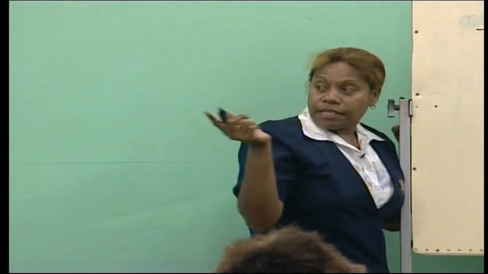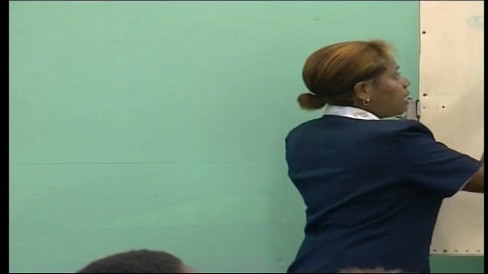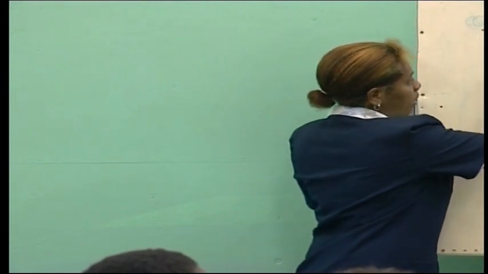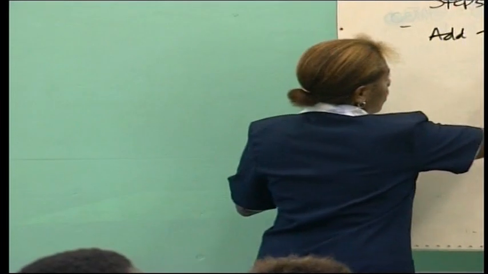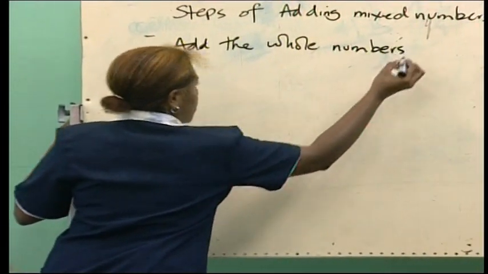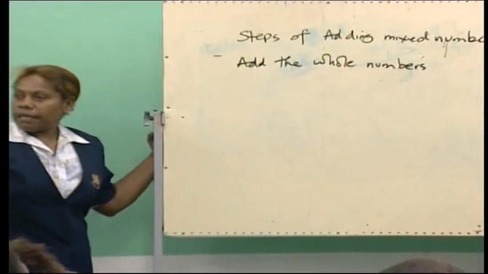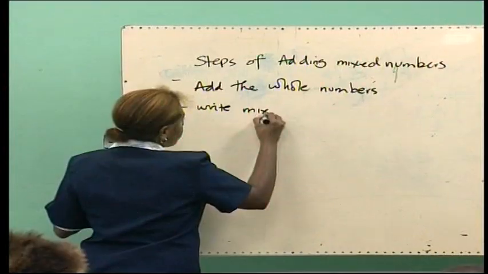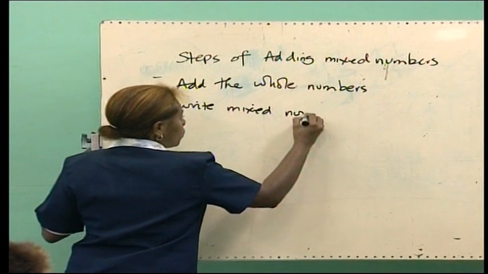Sorry, first step, Tara said you can add the whole numbers. Okay, let's just see, add the whole numbers. Clement, change the mixed number into improper fraction. Write the first mixed number as an improper fraction. All right, thank you.